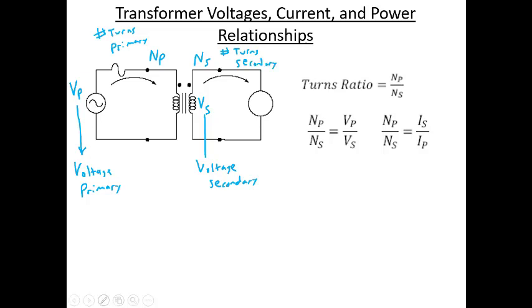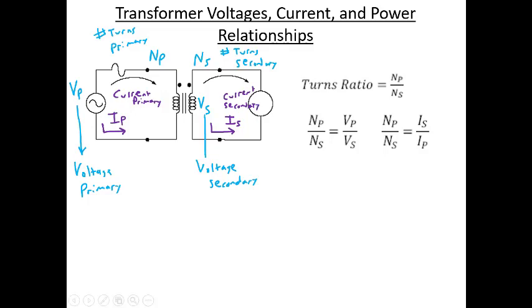Then we'll have IP, which is the current in the primary. And then the last term here is IS, which is the current in the secondary.